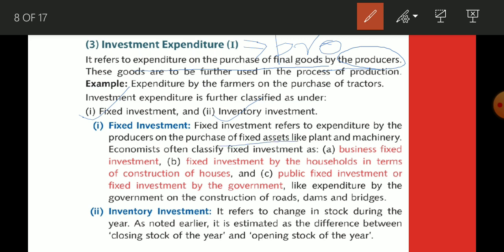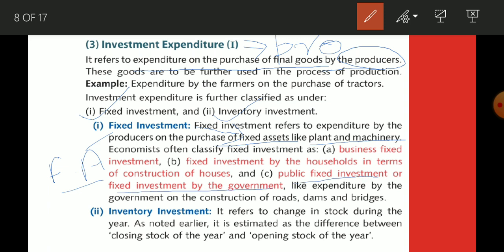So fixed investment is related to the purchase of fixed assets, meaning plant, machinery, tools. Economists often classify fixed assets further into three parts: business fixed investment, residential fixed investment by households in terms of construction of houses, and third, public fixed investment or fixed investment by the government.